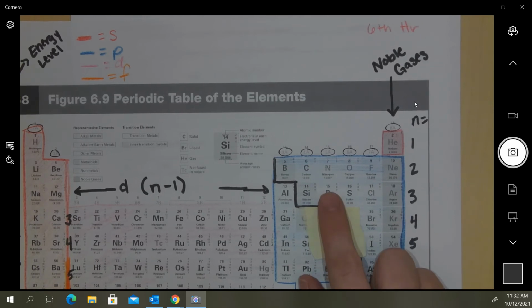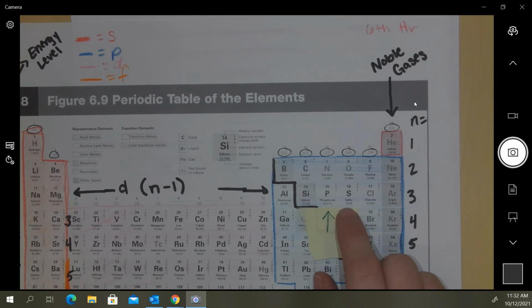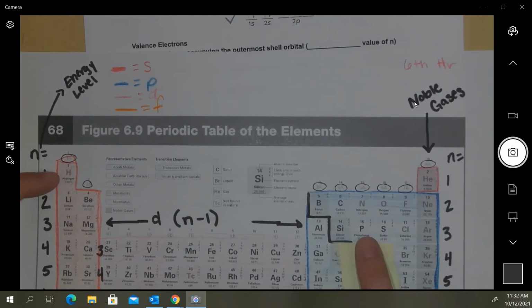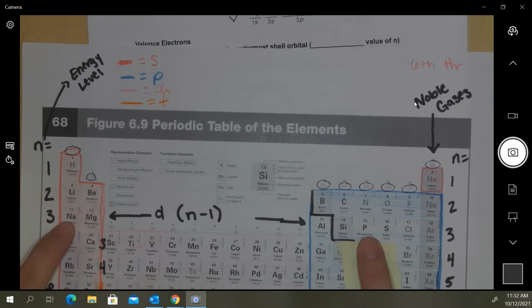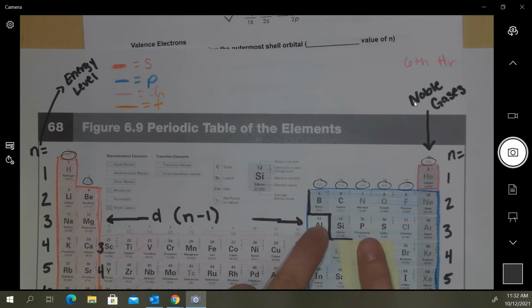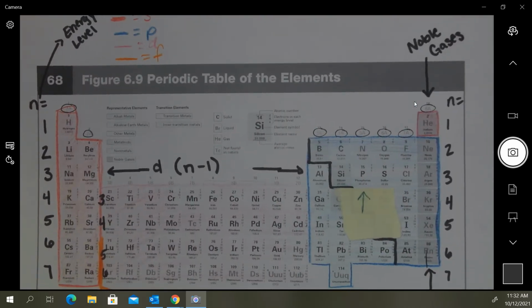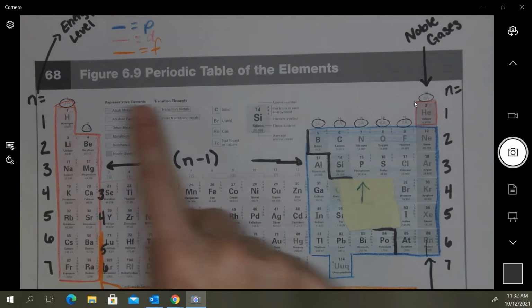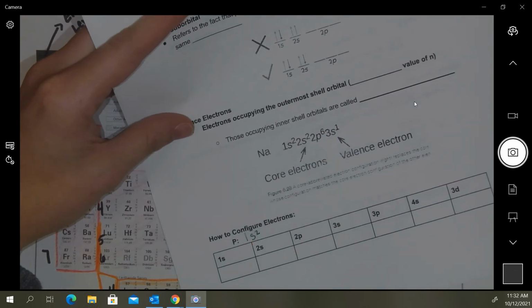It's number 15, so it has 15 electrons. As you can see, we're going to have to get through 1s, 2s, 2p, 3s, 3p in order to get to phosphorus. So let's go ahead and kind of write this out. So to get to phosphorus, I know I need to get through 1s. 2 fit into 1s, so we're going to go ahead and write that down. 1s2.